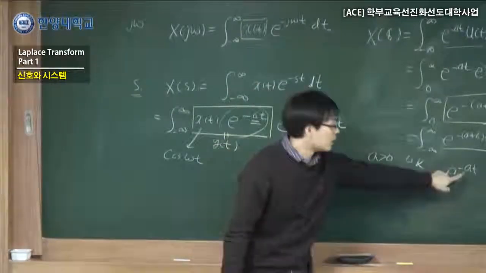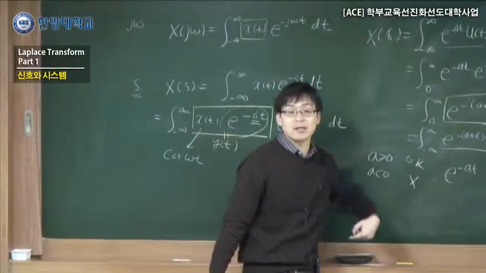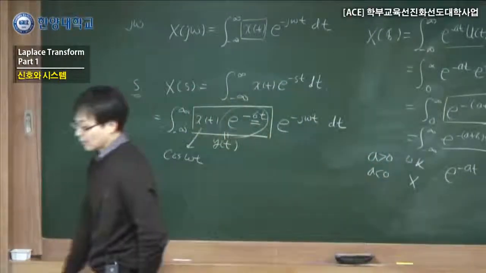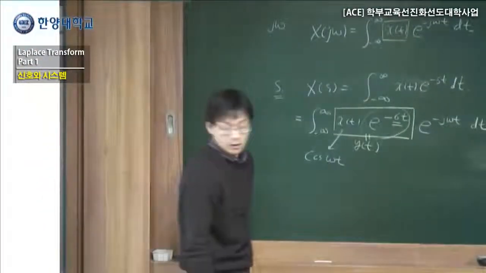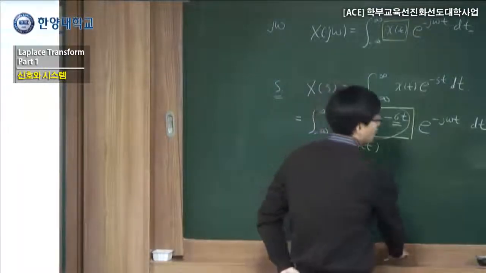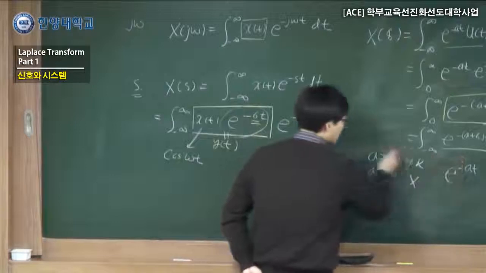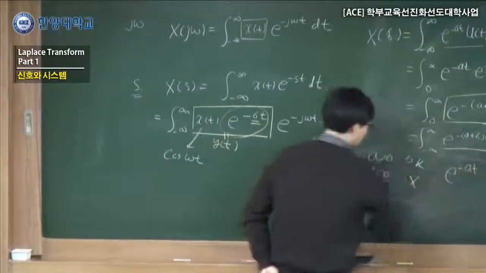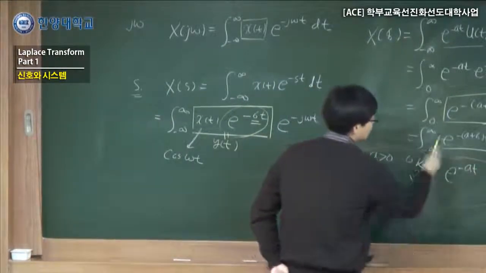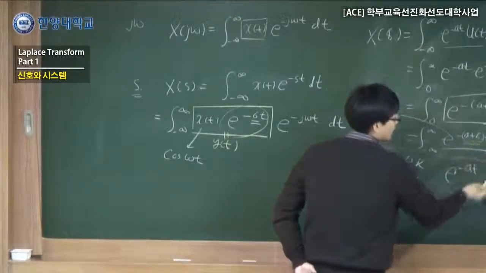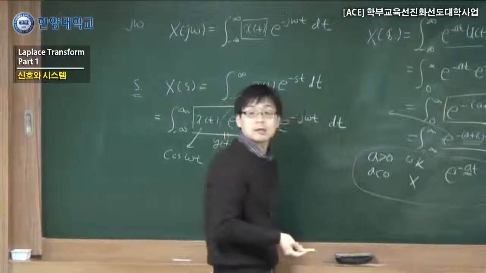If a is negative, the minus at becomes positive, so they diverge. So this is not okay. We cannot have a value. Likewise, if you compare these two, my a plus delta is equivalent to a over here, is it right?